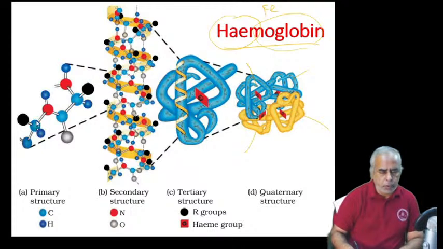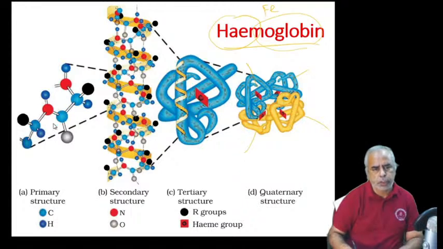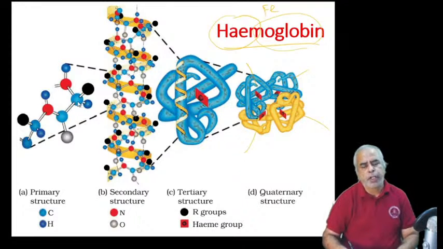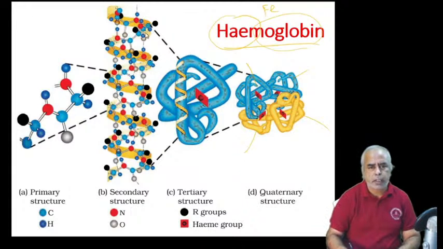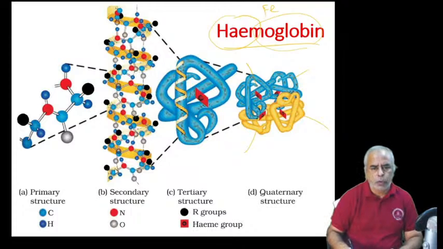Now let me talk about this primary structure. So this is the primary structure. You know something about the joining of different amino acids. That results in the secondary structure that we have already discussed, the helix structures. Okay.